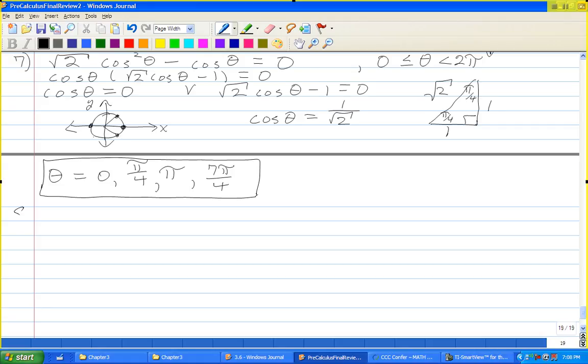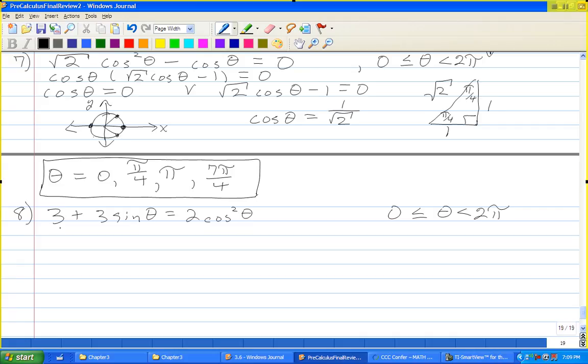Eight. Three plus 3 sine theta equals 2 cosine squared theta. Again, you're doing this between 0 and 2 pi.